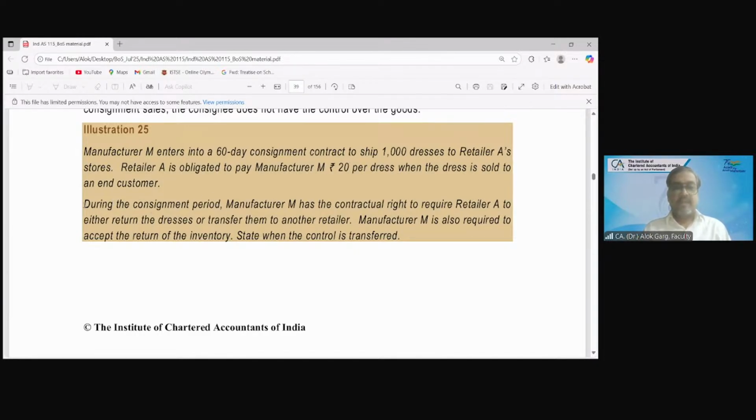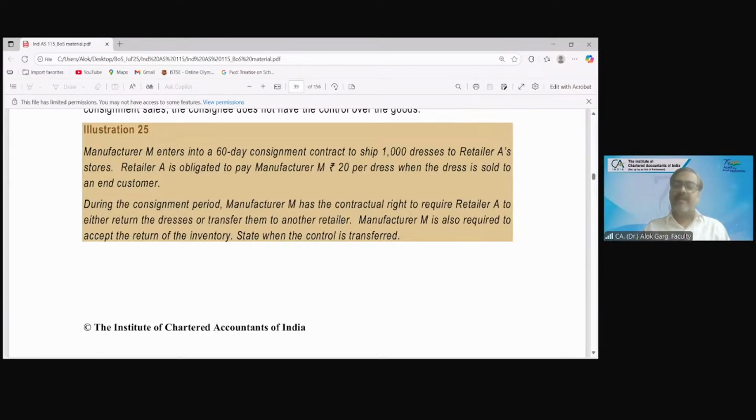During the consignment period, meaning the 60-day period, manufacturer M has the contractual right to require retailer A to either return the dresses or transfer them to another retailer. So manufacturer M has a contractual right.